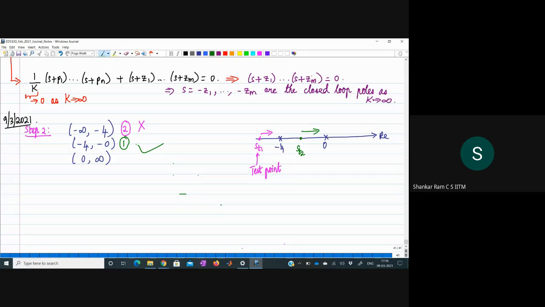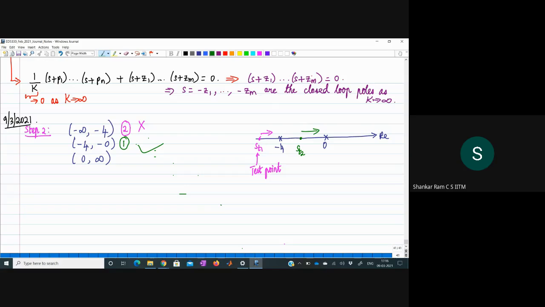Similarly, if we take a test point in the region of 0 to infinity, we can immediately observe that the number of real open loop poles to the right of the test point is 0, and there are no open loop zeros to the right of it.